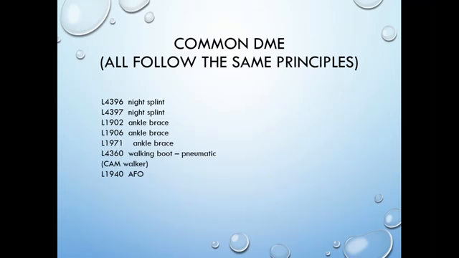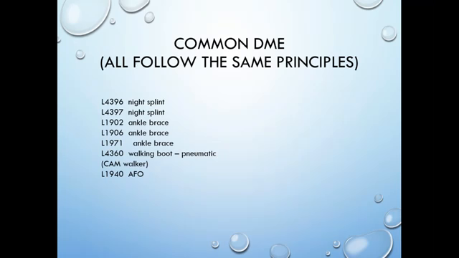L1902, L1906, L1971, these are your ankle braces for ankle instability. Again, know your LCDs. Your LCDs are available through Medicare. That should be the foundation of the actual templates you have constructed in TrackNet, so that with a single click, your LCD is being used for the documentation.